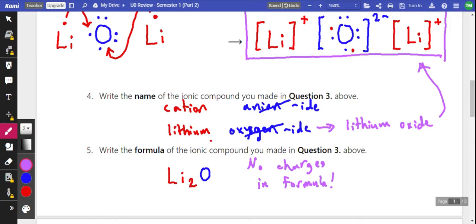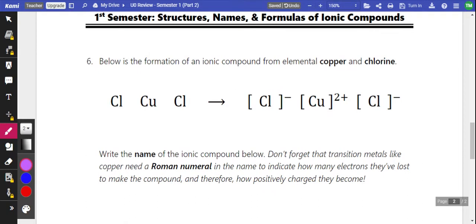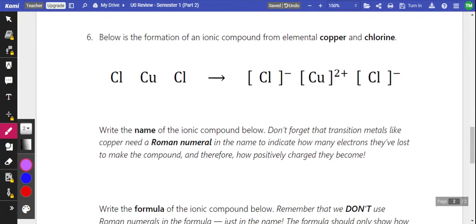All right, let's try some other examples. So in this case, we already have a structure given. Now, mine is missing some dots here, but yours should already have this stuff given to you. And there's a reason for that.